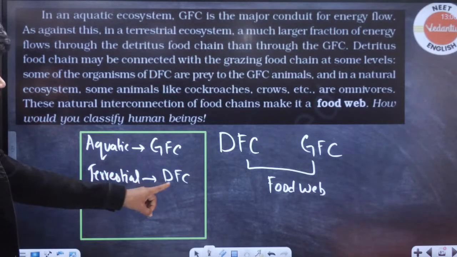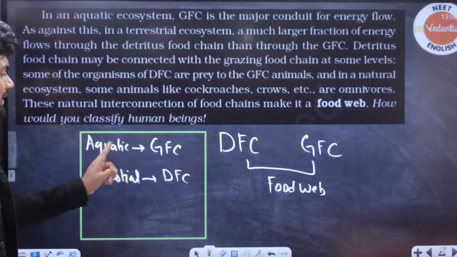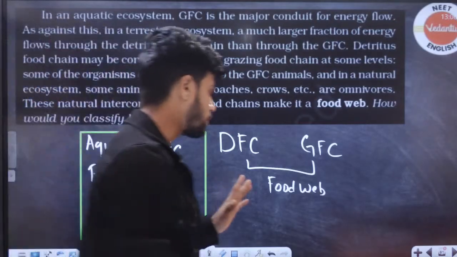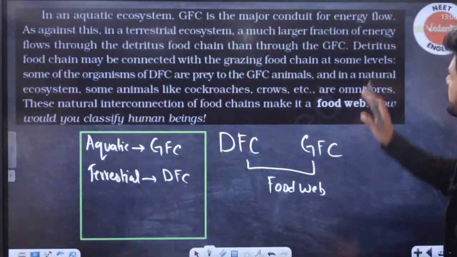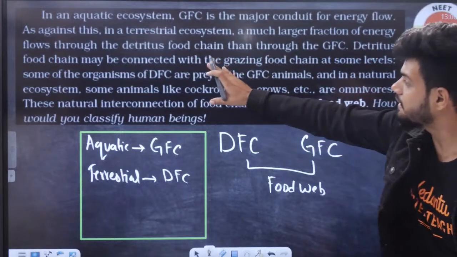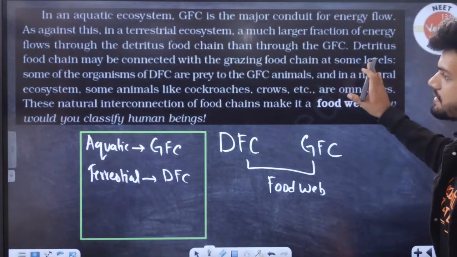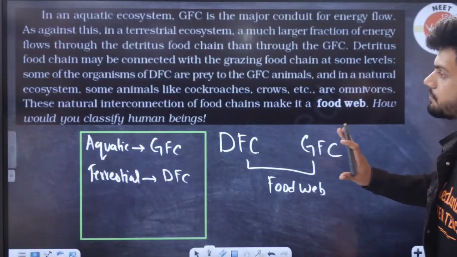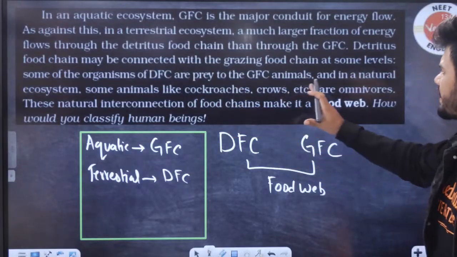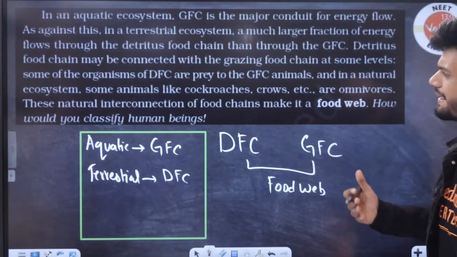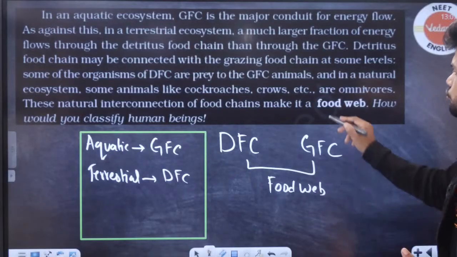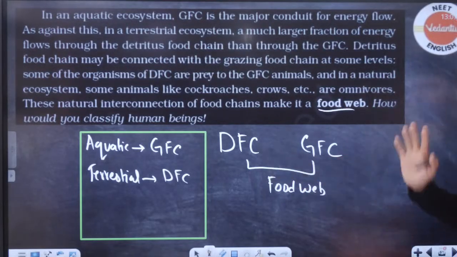In terrestrial, DFC has more energy. In aquatic, GFC has more energy flow. The detritus food chain may be interconnected with the grazing food chain at some levels. Interconnected, it becomes a food web. Some animals like cockroach, crow, etc. are omnivorous. These natural interconnections of food chains make the food web.